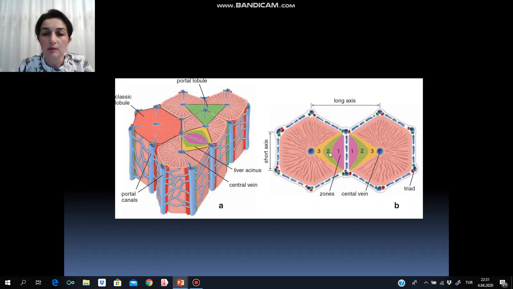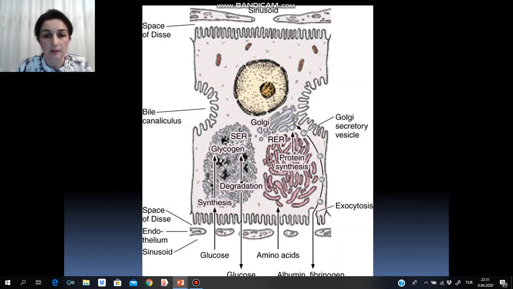The second region will receive less oxygenated blood, and the third region, which is far away from the source of arterial blood, will receive the least oxygenated blood. That's why in pathological conditions, if there is hypoxia, the first region which will suffer from deficiency of oxygen will be the third region.